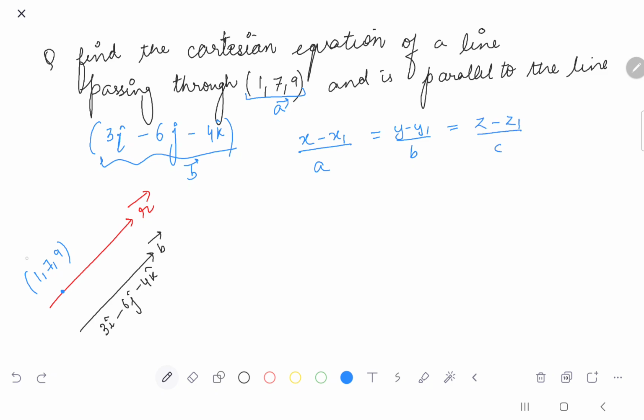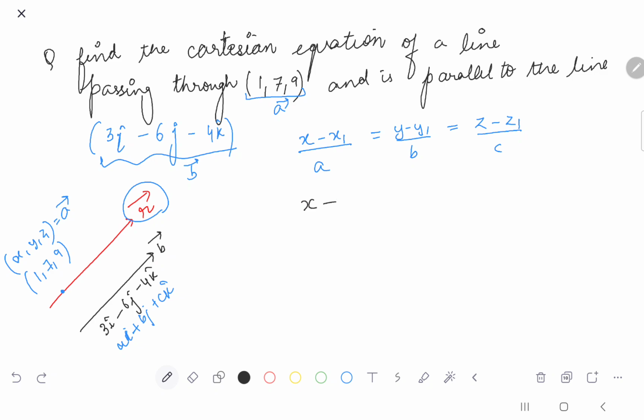What is x1, y1, z1? x1, y1, z1 is the point through which the line R is passing. And a, b, c is ai cap plus bj cap plus ck cap, the direction ratios of vector B, to which my line R is parallel. So can I simply say x minus x1?